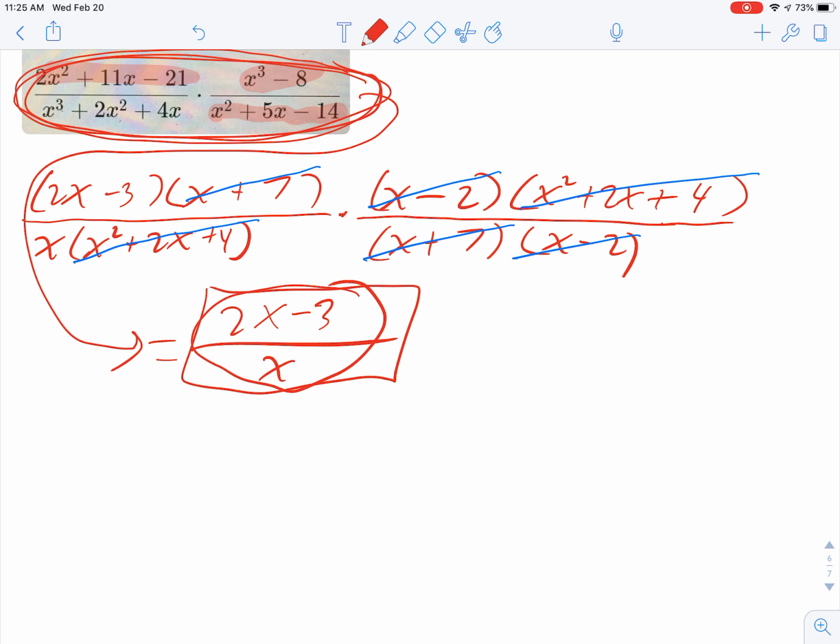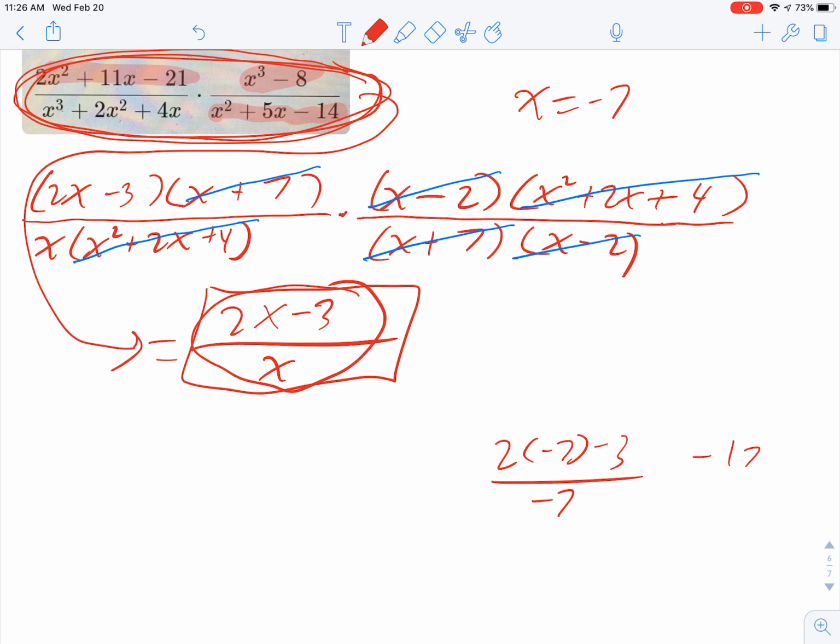Remember that division by 0 in mathematics is seriously problematic. We cannot divide by 0, and it makes things blow up. And so this example is a great example of that. So for example, if I were to plug in negative 7 into my final answer, I'm going to get an answer. Here, I'll even do it out. 2 times negative 7 minus 3 over negative 7.